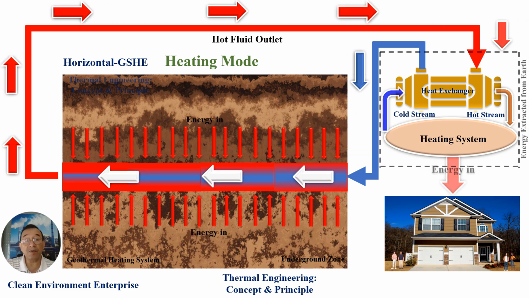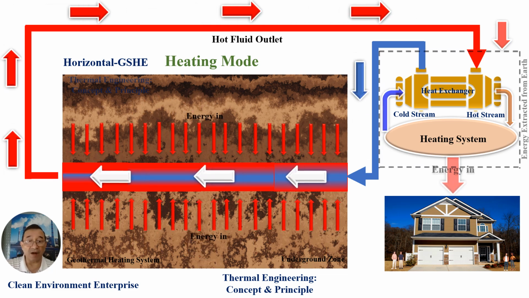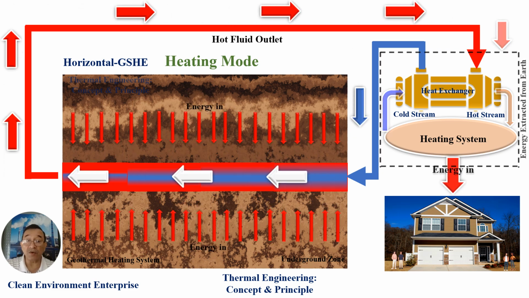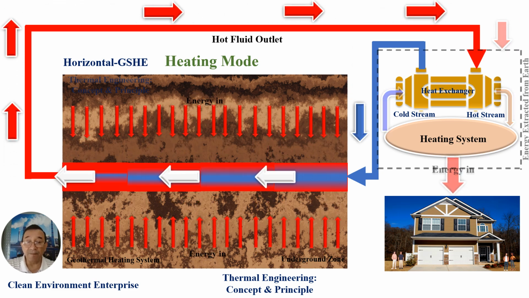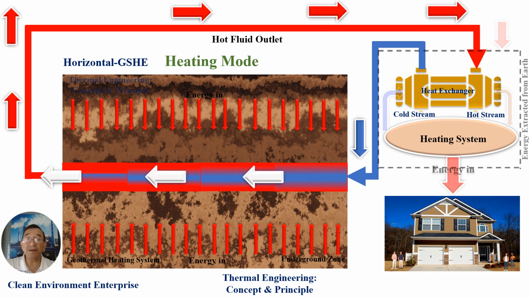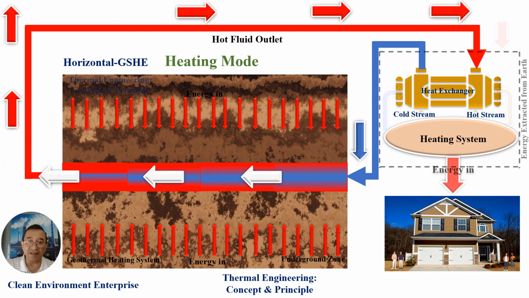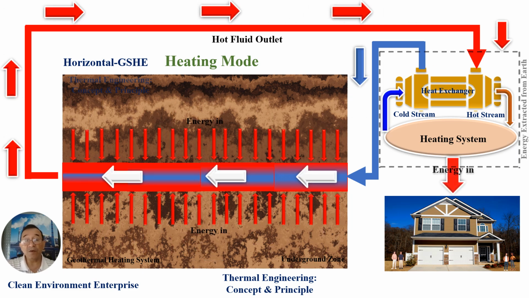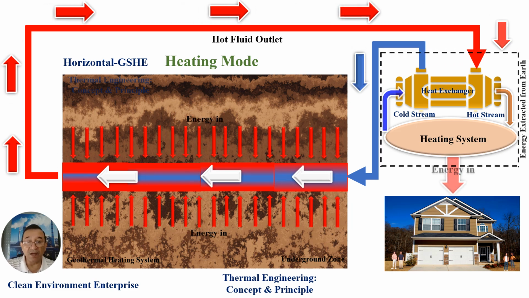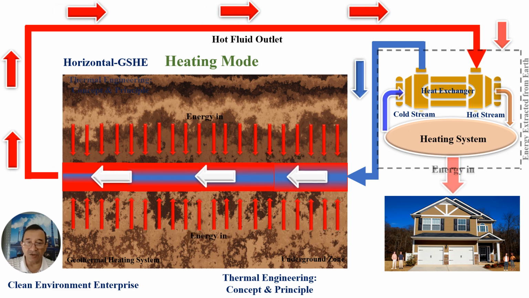One slinky pipe could be buried in the ground, and the heat exchanger is composed of multiple slinky pipes, and these heat exchangers have already been described in previous episodes of this channel.